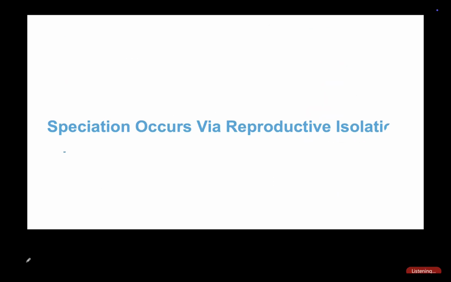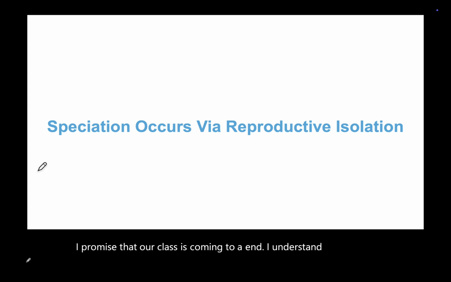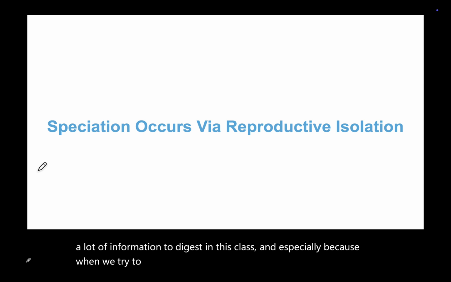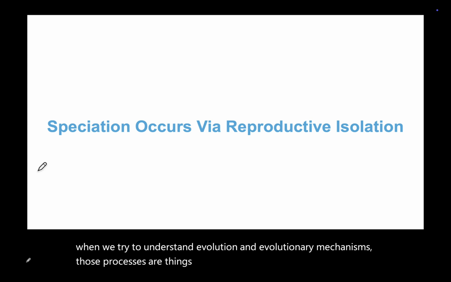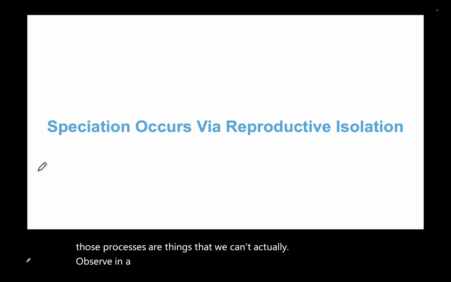Okay, I promise that our class is coming to an end. I understand that there is a lot of information to digest in this class, especially because when we try to understand evolution and evolutionary mechanisms, these are processes that we can't actually observe on a human time scale.